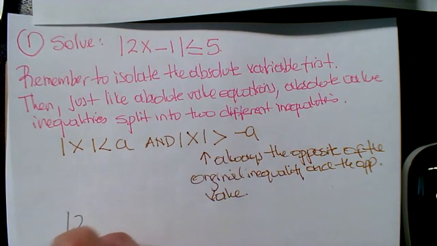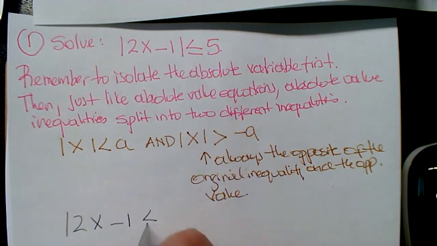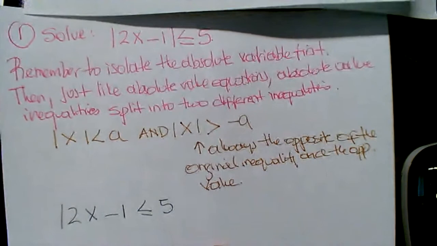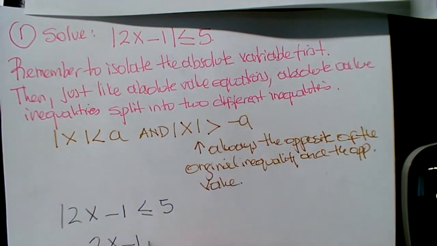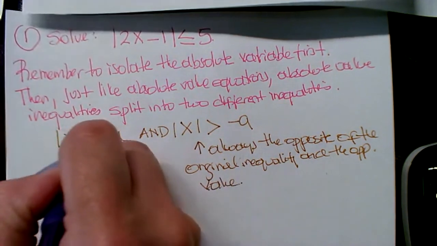I had 2x minus 1. All right, so let's do it. So one is going to be 2x minus 1, just like the original. So one inequality will be the original.